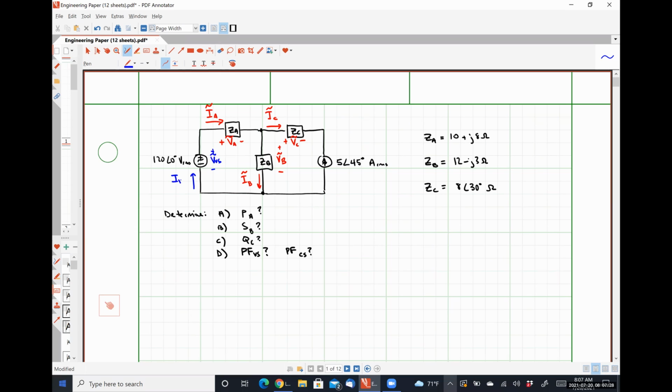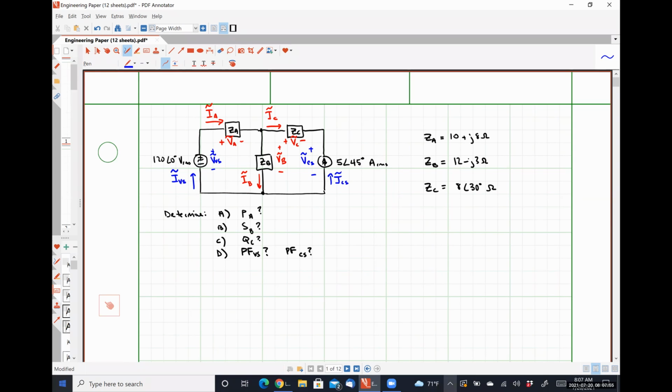So this is going to be IVS. And let's say this guy over here is VCS, which makes this guy ICS.